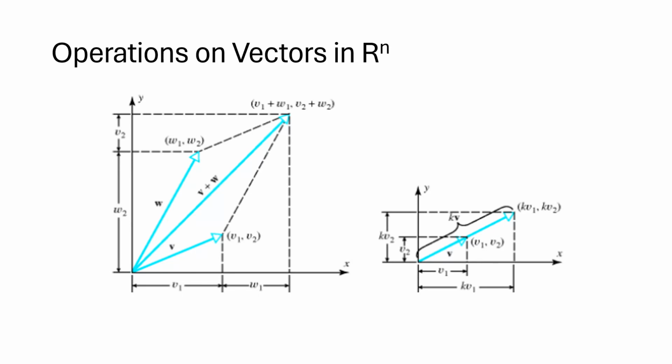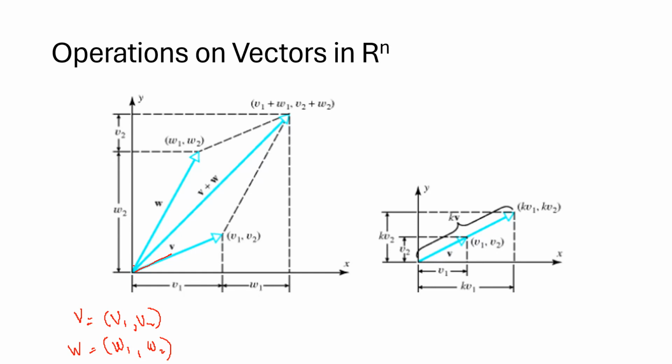Okay, we have this figure, and we should be able to deduce that in this case our v is equal to (v1, v2), and our w would be (w1, w2). Actually, this one is our v and this is our w.